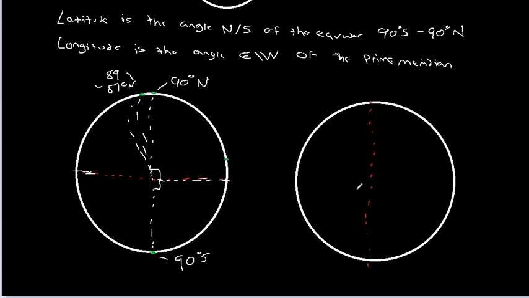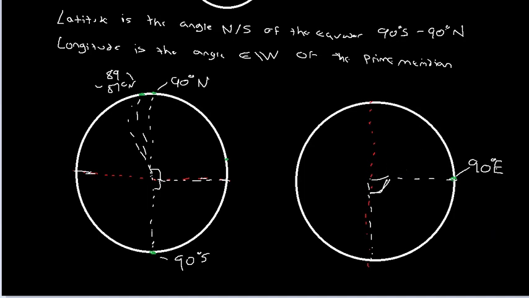If you were to go from here to here, if your point were here, this angle here, that's 90 degrees, and in this case we're east, so it would be 90 degrees east.